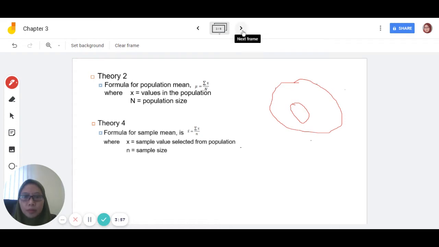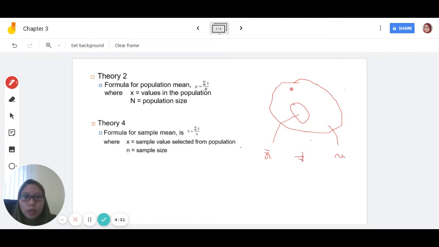If we denote the sample mean as x bar, and this is nu, definitely nu is not equal to the sample mean. That's why you can find the sampling error just now.